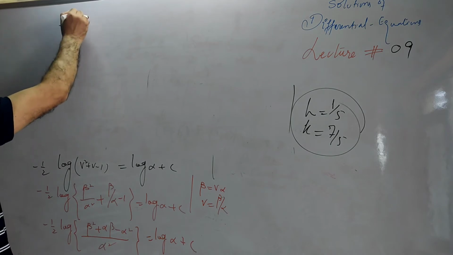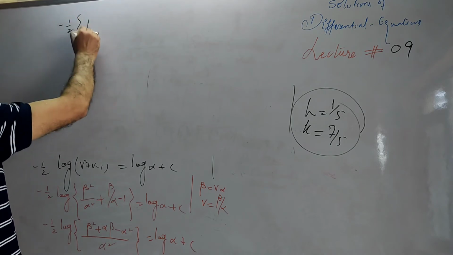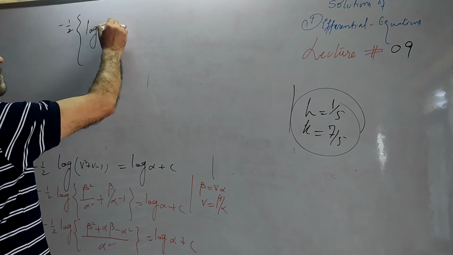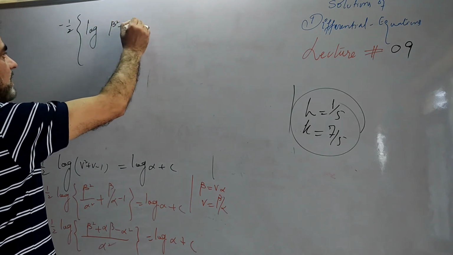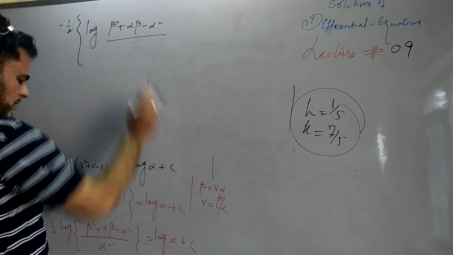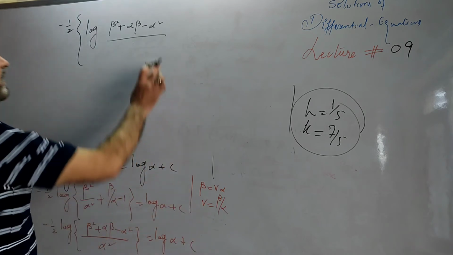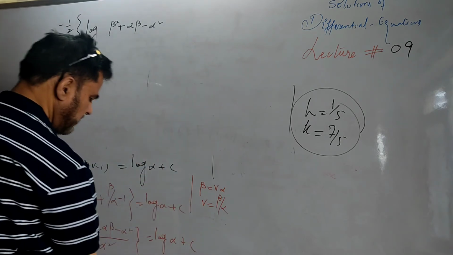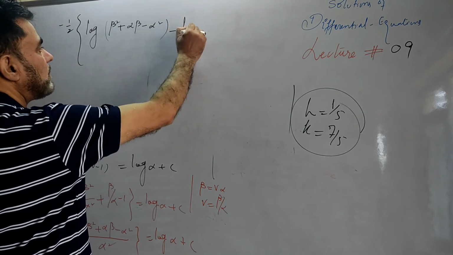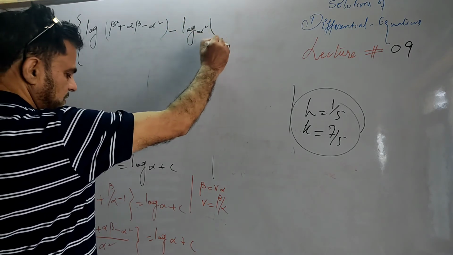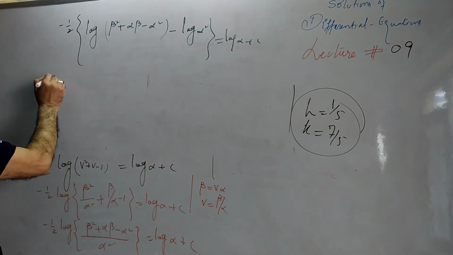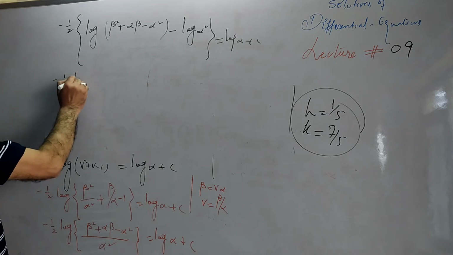Well, I will write it: minus 1 by 2 log of beta square plus alpha beta minus alpha square by alpha square. Why repeat this again, I can write this as minus log of alpha square, equal to log alpha plus c.